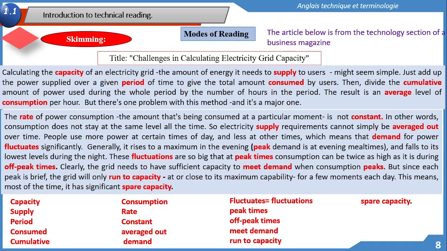But there is one problem with this method, and it's a major one. The rate of power consumption, the amount that's being consumed at a particular moment, is not constant. In other words, consumption does not stay at the same level all the time.